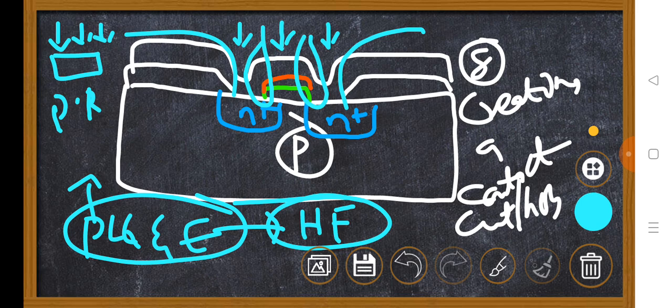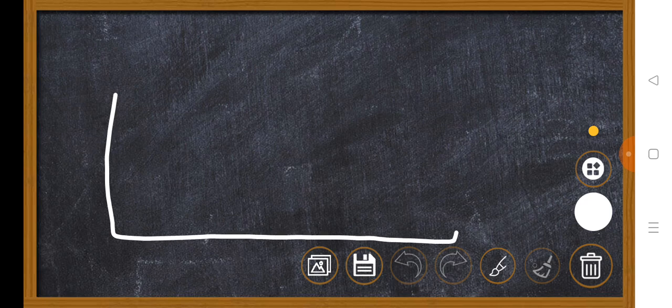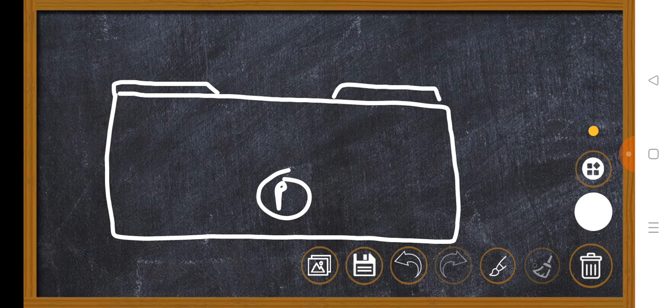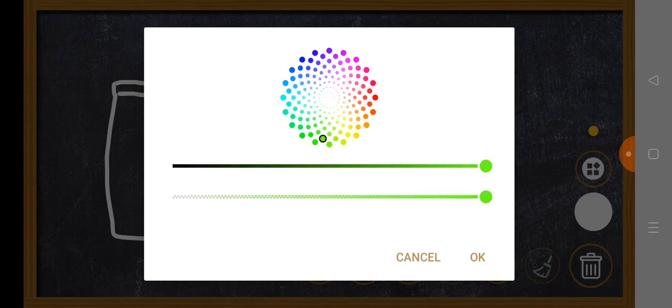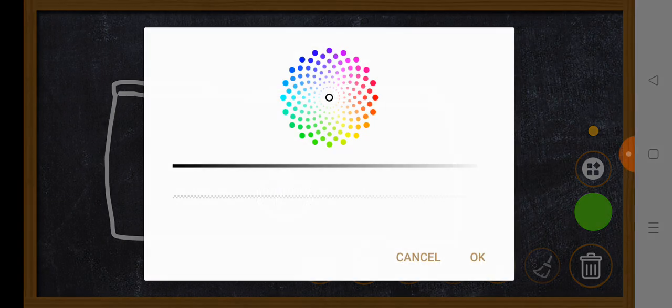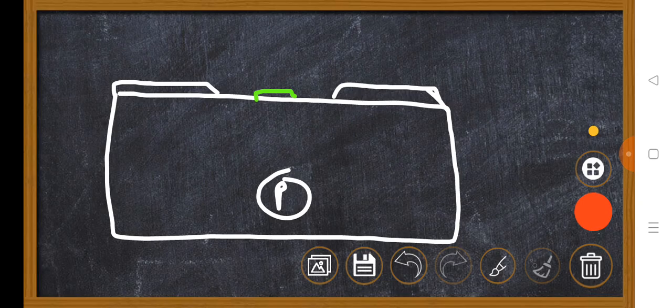After this, the structure will look like this. This is a p substrate, and this is your previous thick oxide. The gate oxide will be like this, and this is your polysilicon, sorry for that.